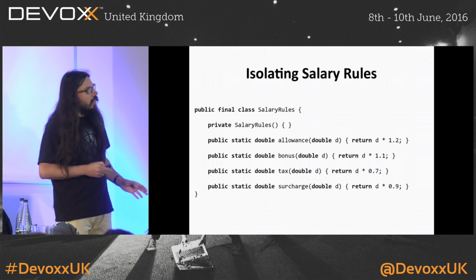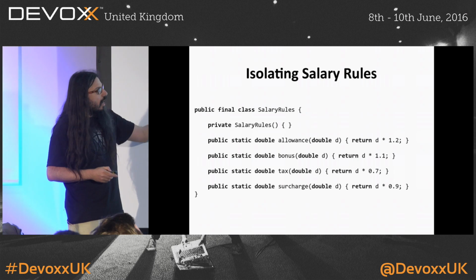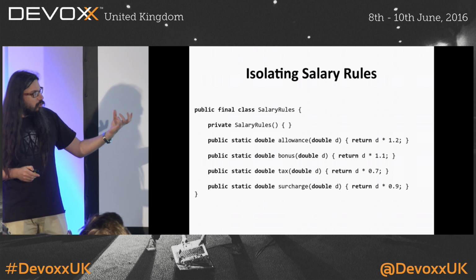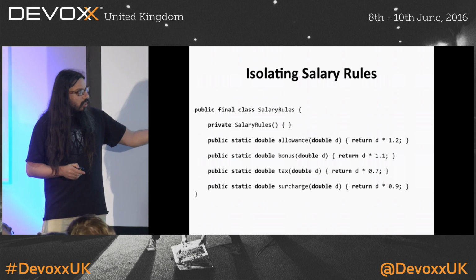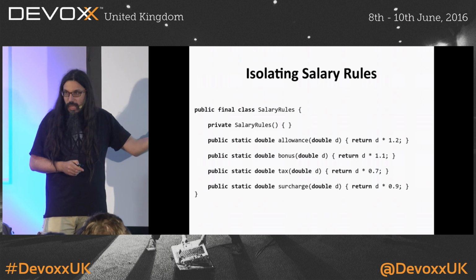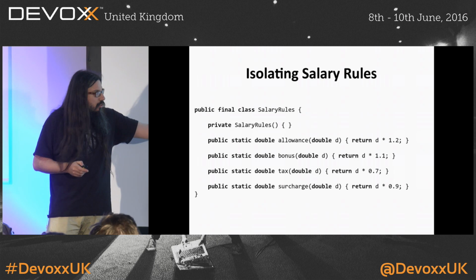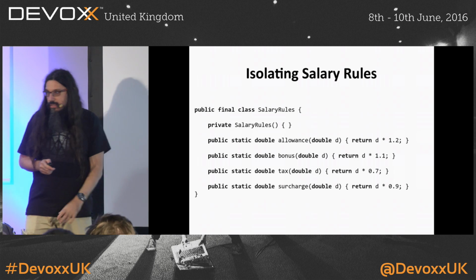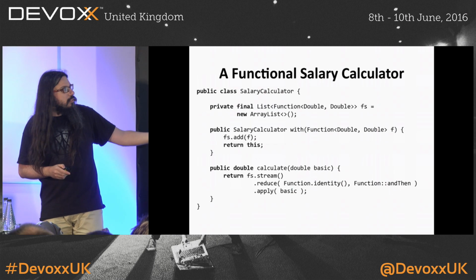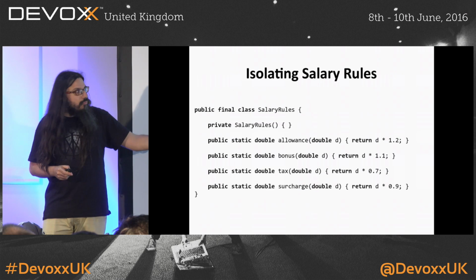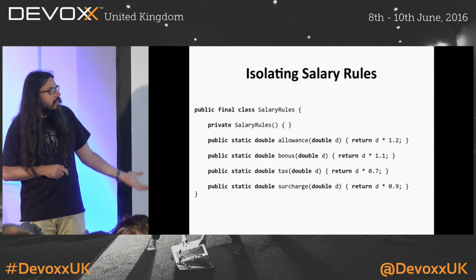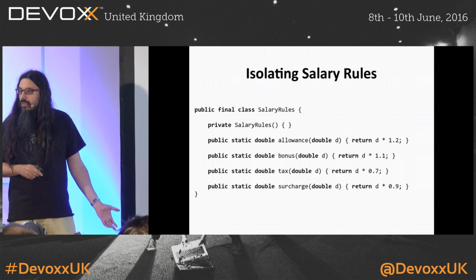Okay, let's do something. Let's isolate those functions, those tax methods that are functions, in a static class. Okay, why am I doing this? Because now it's easy. If you think about this, these are just a function from a double to a double.